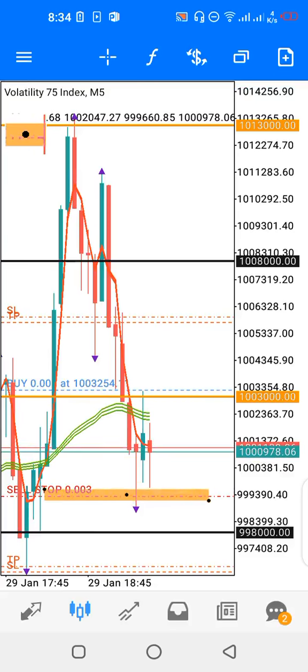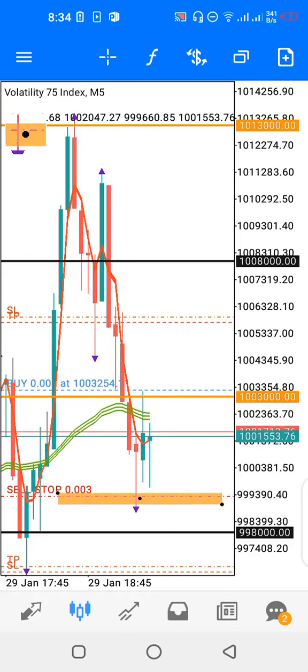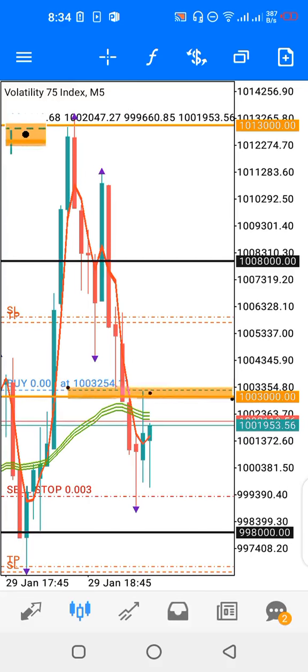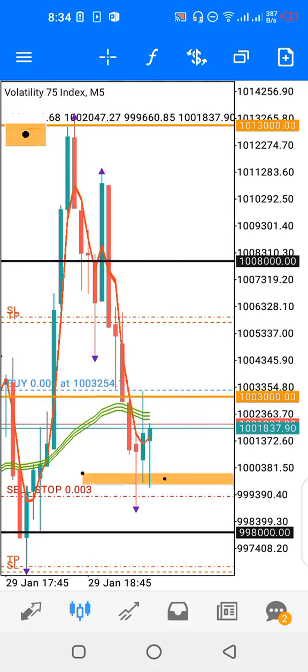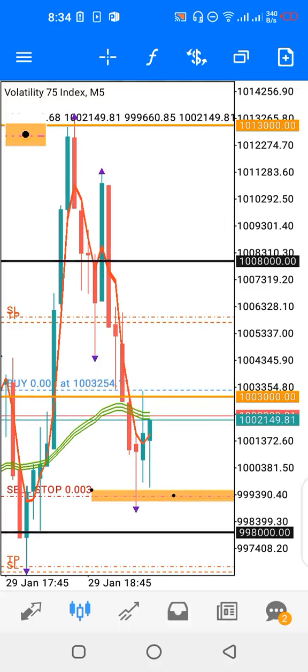This is my first hedge. If the first hedge, which is 0.003, gets triggered, I will introduce a second hedge around here, which will be 0.008. Now, if the second hedge gets triggered and I do not know where the direction price may likely go, I'll introduce a third hedge, which is 0.024.